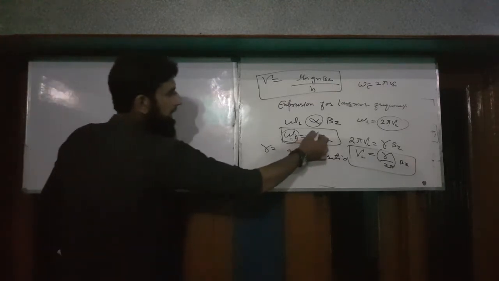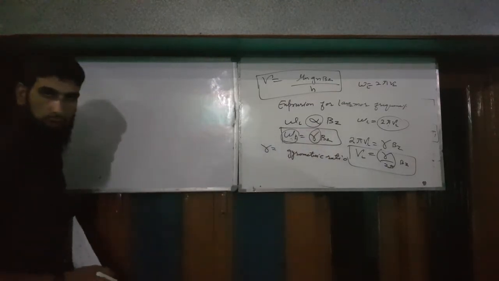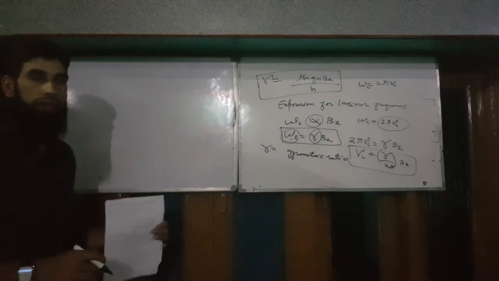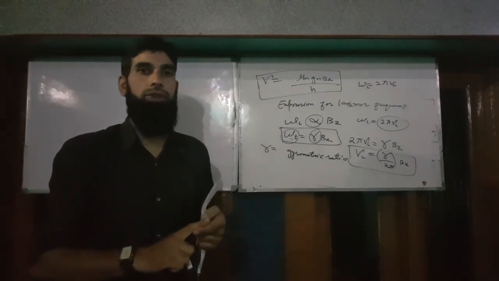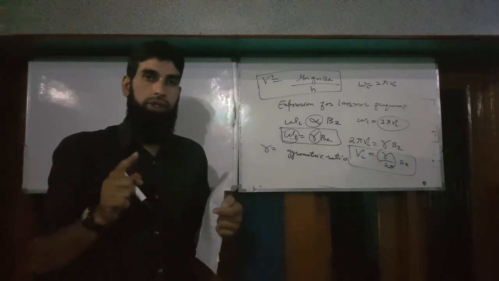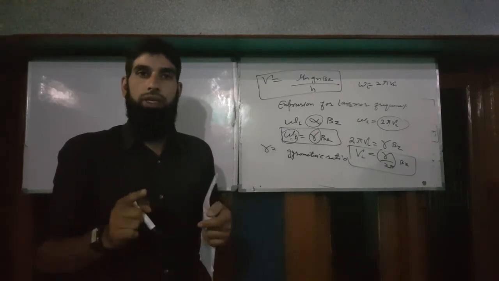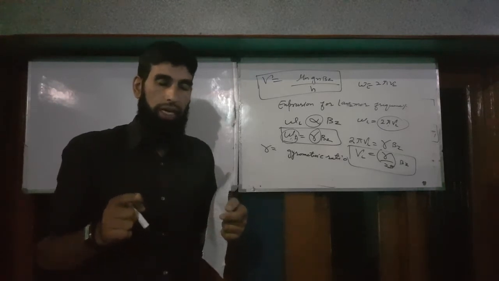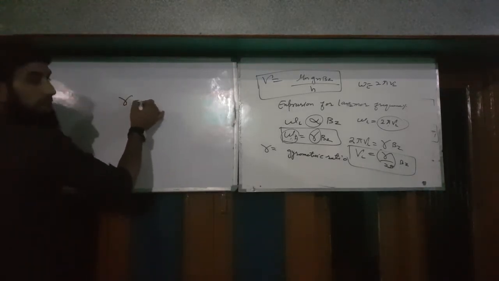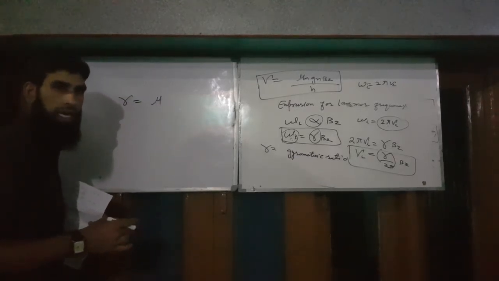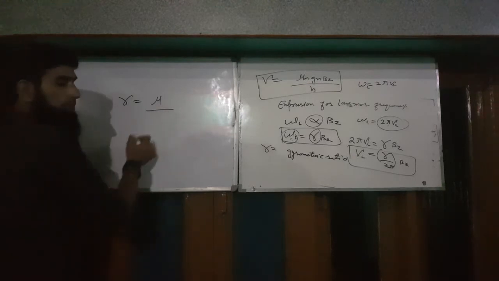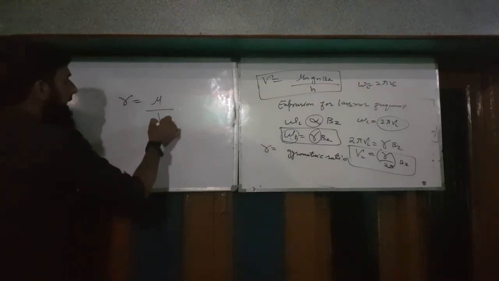As we know, this is gamma. Gamma is known as the gyromagnetic ratio. This gyromagnetic ratio is the ratio of the magnetic moment associated with the hydrogen nucleus and the spin angular momentum. That is, this gamma is the ratio of the magnetic moment associated with the hydrogen nucleus divided by the spin angular momentum, that is I h cross.